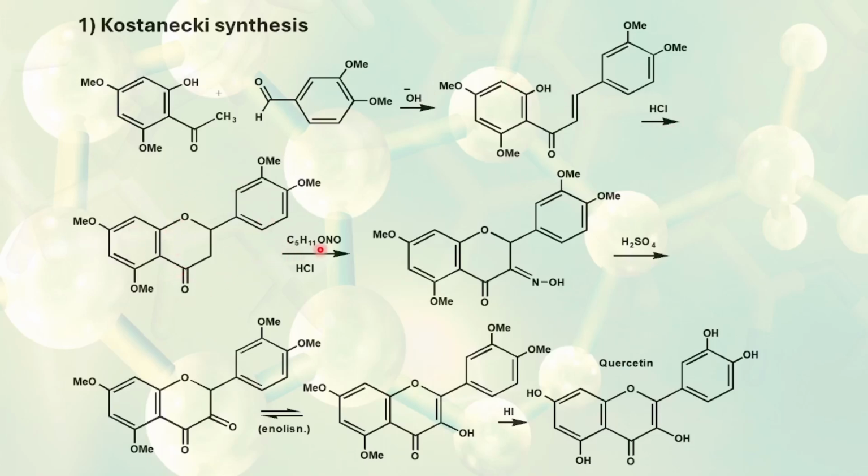It is a formation of oxime, and after the treatment with sulfuric acid, we get a dienolic form, and after that, here is the enol form, and this one is the keto form. Overall, by the treatment with hydrogen iodide, demethylation gives a polyhydroxy compound, that is, quercetin.